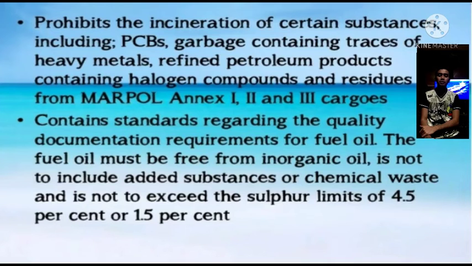Garbage containing traces of heavy metal: persistent pollutants such as heavy metals can enter the food chain through marine life, and exposure to metallic mercury vapors at higher levels for shorter periods of time can lead to lung cancer or lung damage.